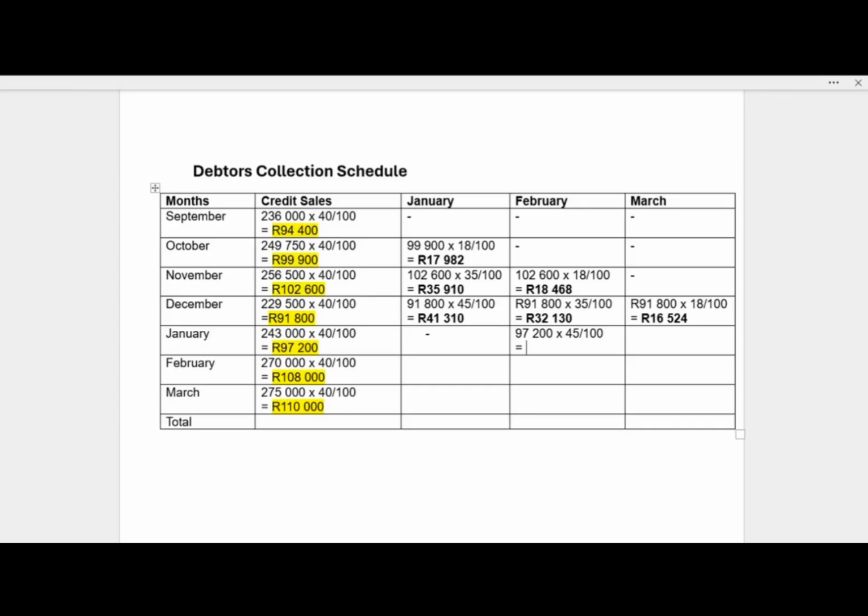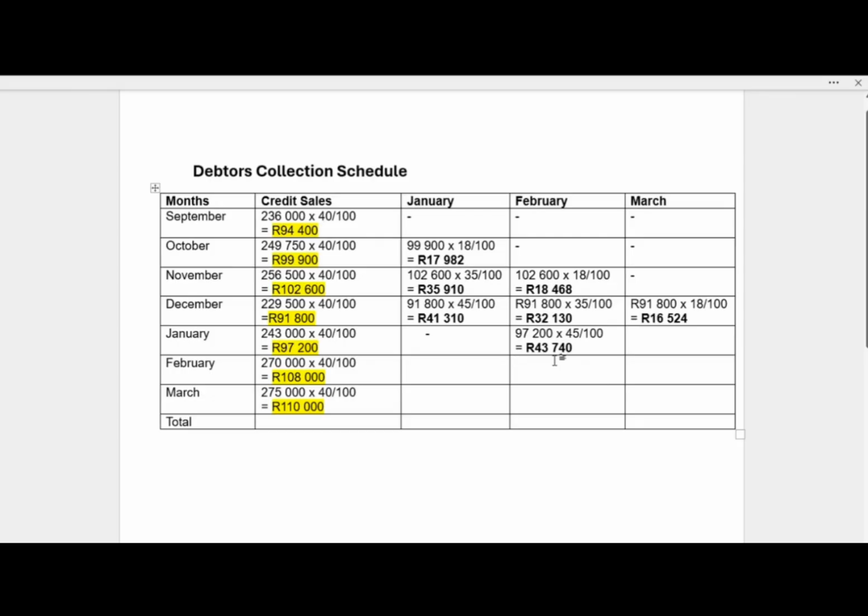So easy and enjoyable. Multiply by 45 divided by 100. And then in February, for January, the first month, you are going to collect 43,740. That is the collection on the first month of January. On the first month of collection for January, which is February.